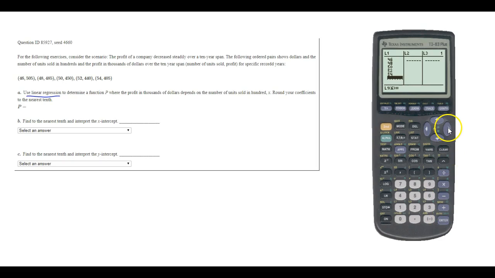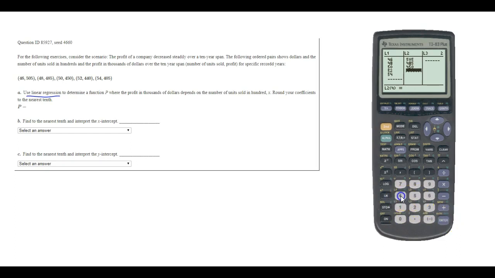And then I'm going to arrow over to my L2, or my list 2, and 46, well, the Y value that goes with it is 505. And then the Y value that goes with 48 is 485. And then 450.